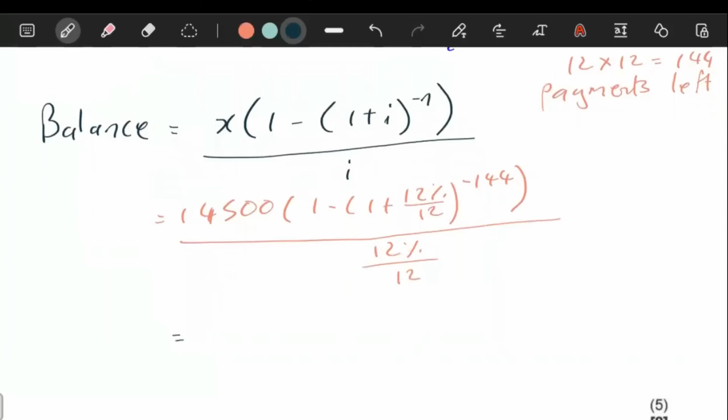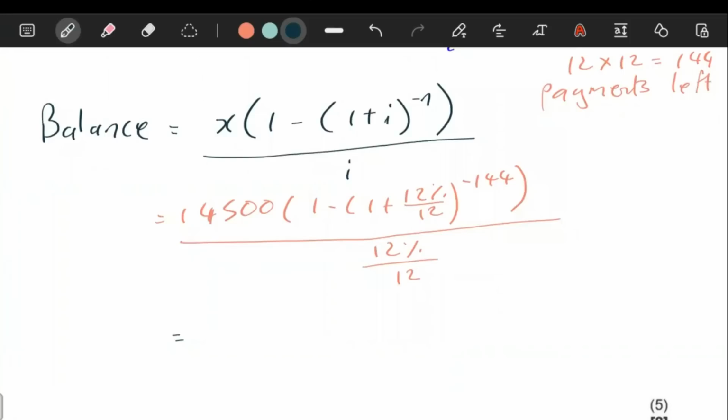So all this being done, let's put things into our calculator. 14,500, 1 minus 1 plus 12 shift percent over 12, this whole thing to the power of negative 144. You just have to be careful.